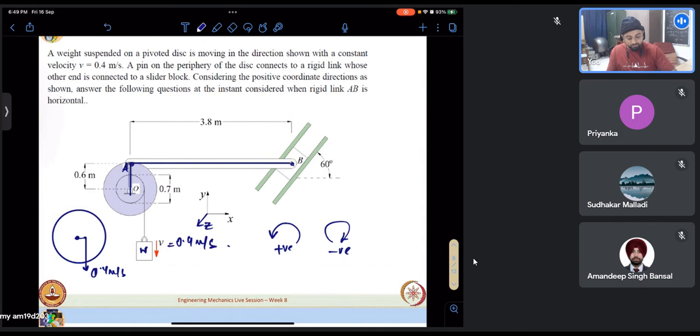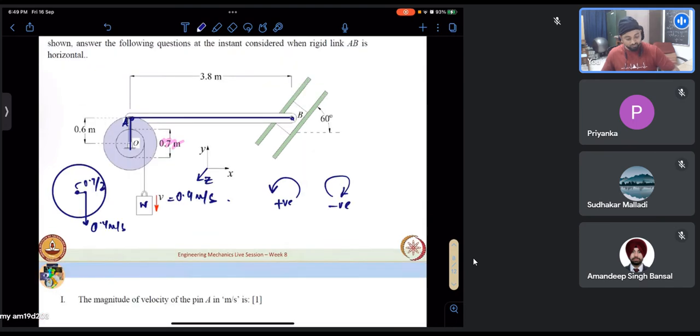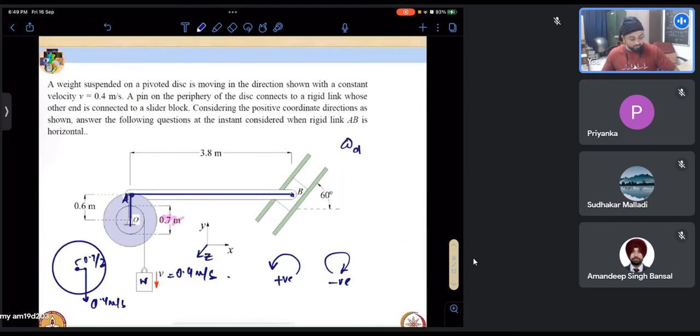It is 0.7 by 2 because that is the diameter. So its angular velocity will come out to be 8 by 7. So omega of this pivoted disk is nothing but 8 by 7 k cap, with a minus sign.